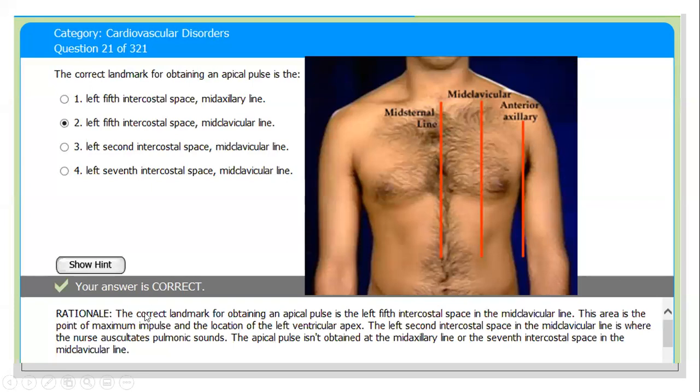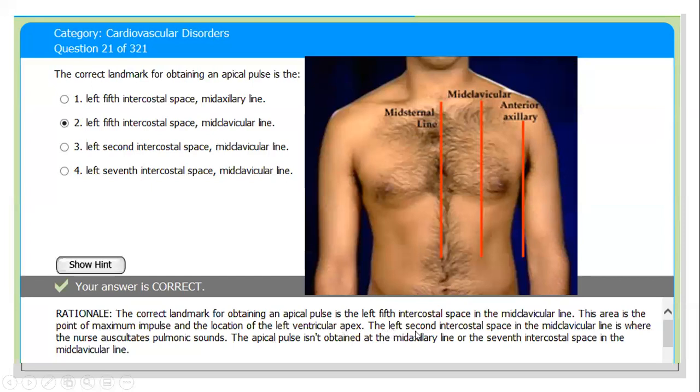The rationale says the correct landmark for obtaining an apical pulse is the left fifth intercostal space in the mid-clavicular line. This area is the point of maximum impulse and is located at the left ventricular apex.